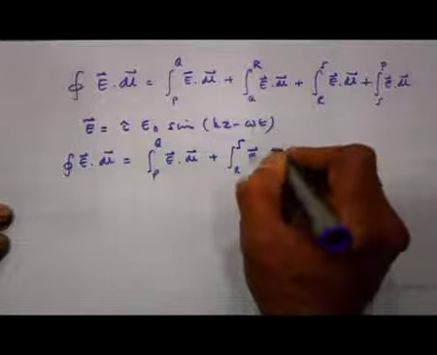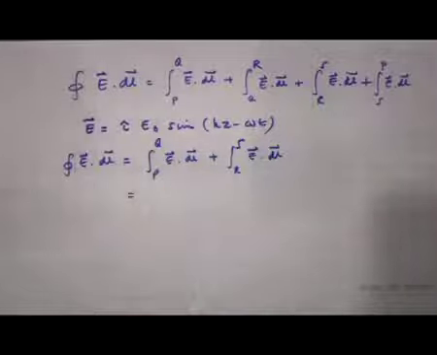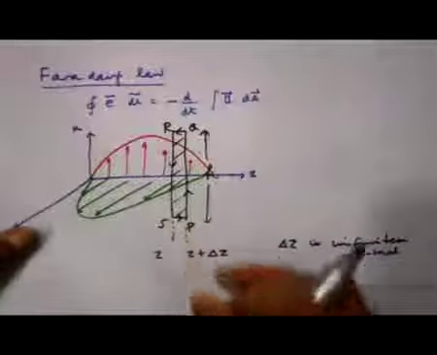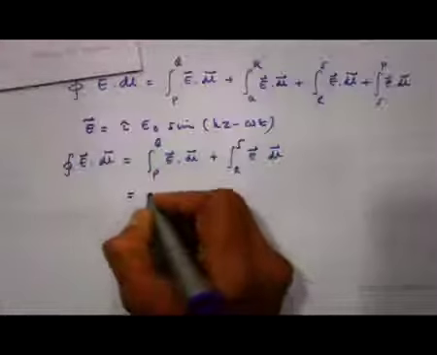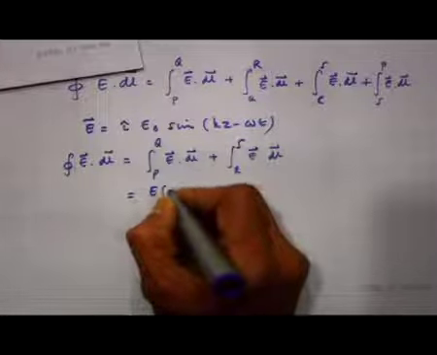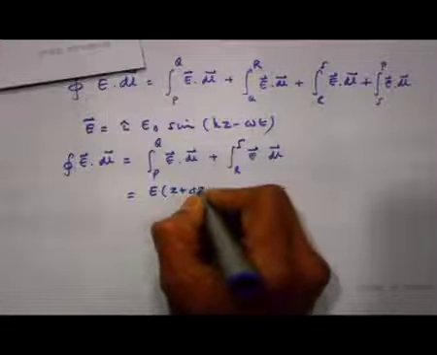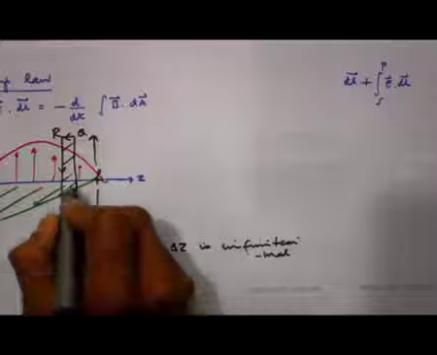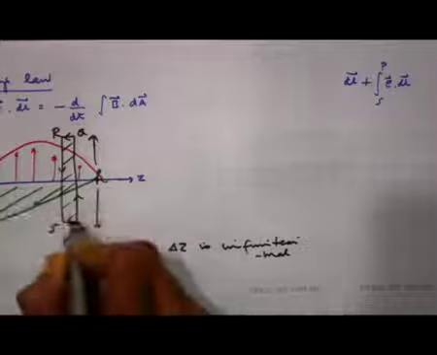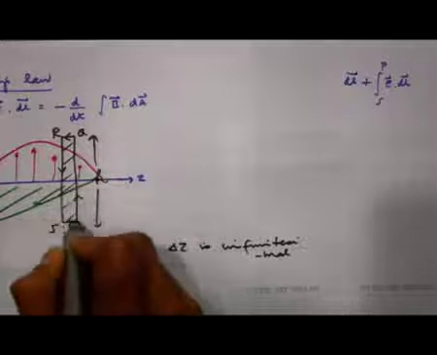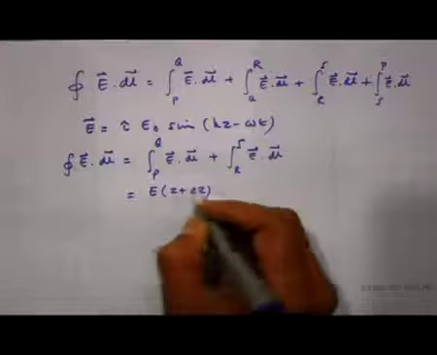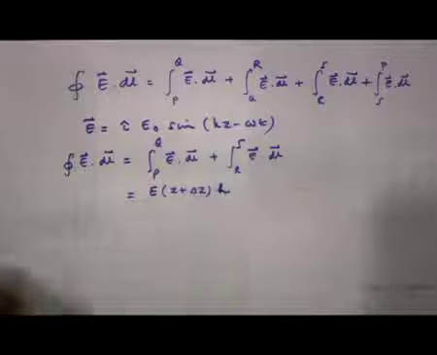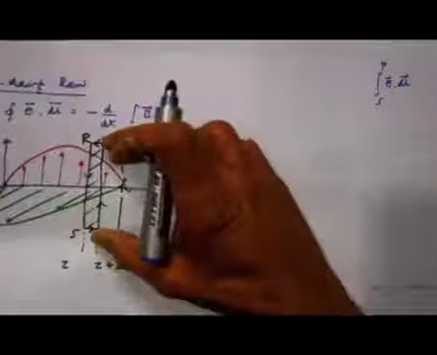For P to Q, this is nothing but the electric field at z plus delta z into the total length, because the electric field is constant along this length, and dl is parallel to the electric field. So, E dot dl is E dl, and E is constant along this path, into this length h, which is the length of integration.